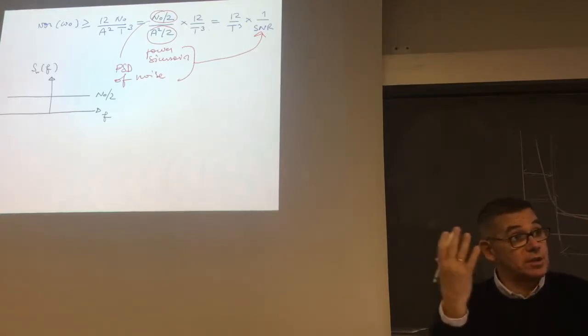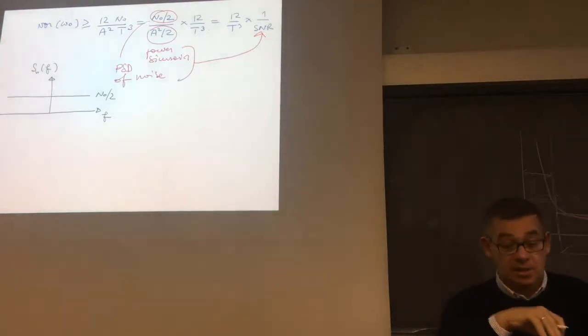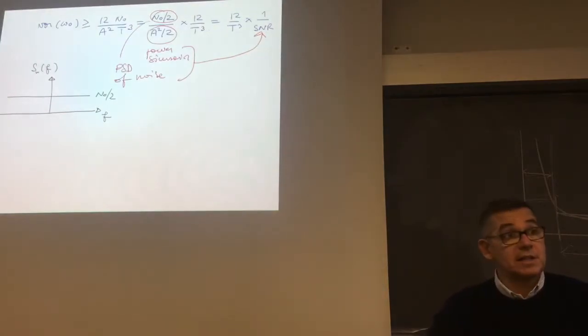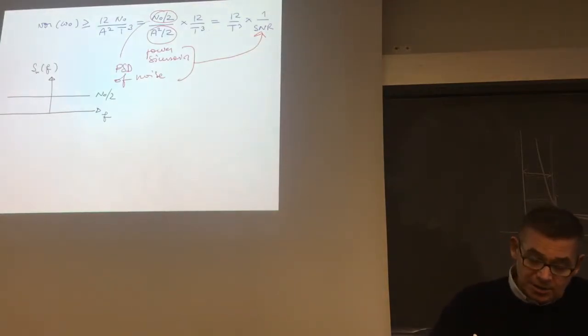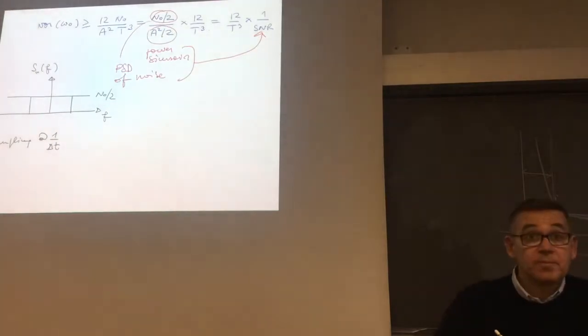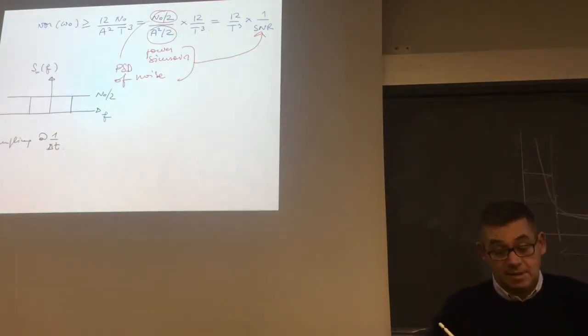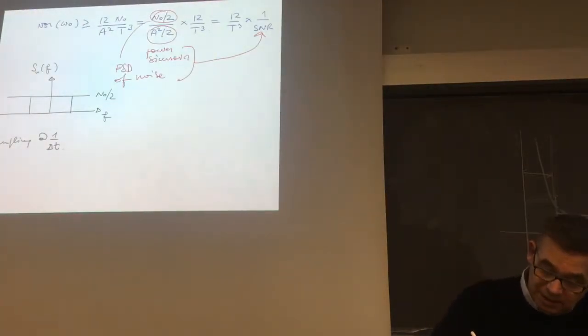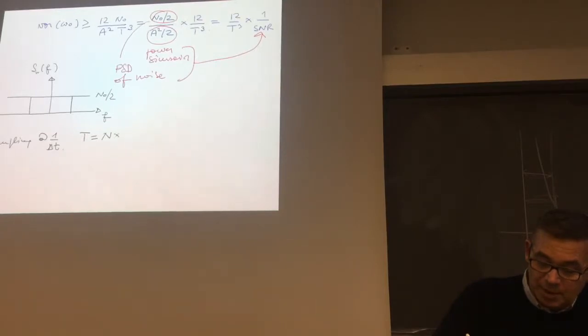So I should assume that there is a filtering of the power spectral density within a certain bandwidth interval. Let's assume that I'm sampling at a certain frequency, which is 1 over delta t. If I'm sampling at a certain frequency, then the time window t is equal to n samples multiplied by delta t.